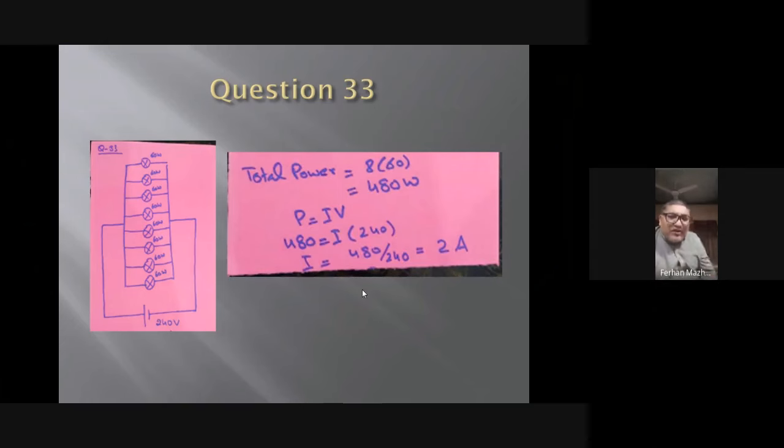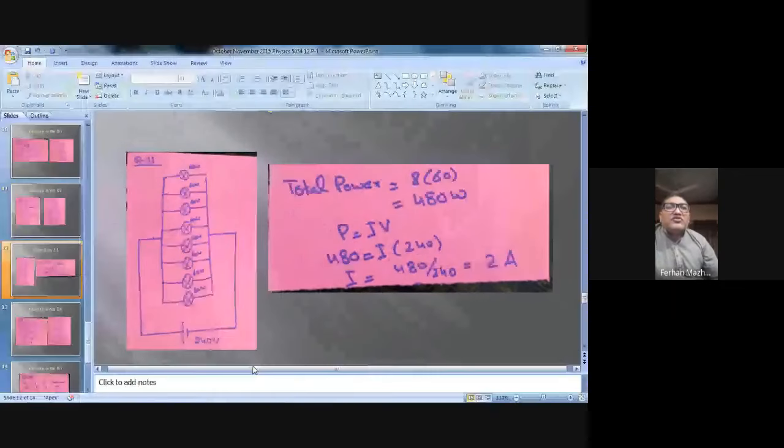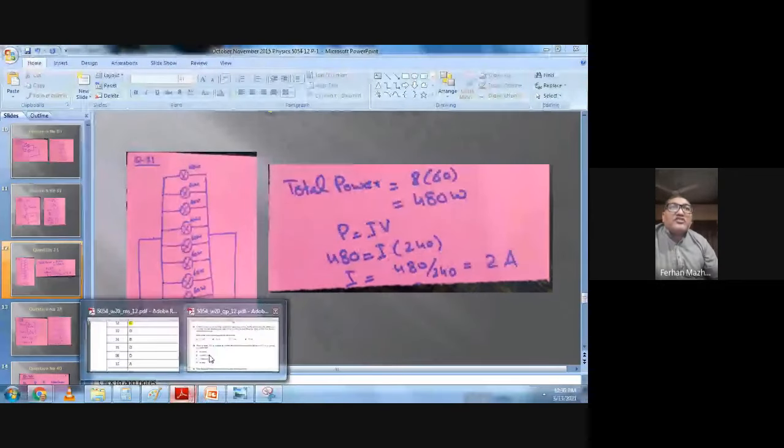You know the power is equal to IV. So the power is 480 and V is 240, so 480 divided by 240, and I will be 2 amp.